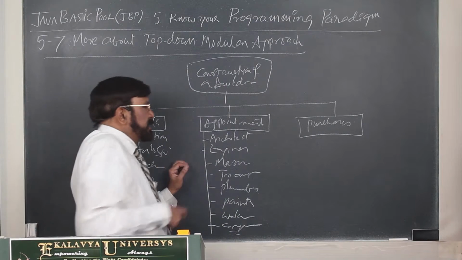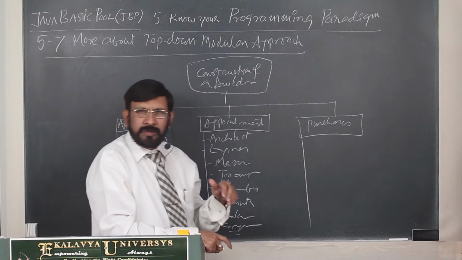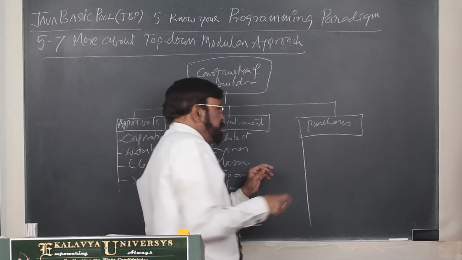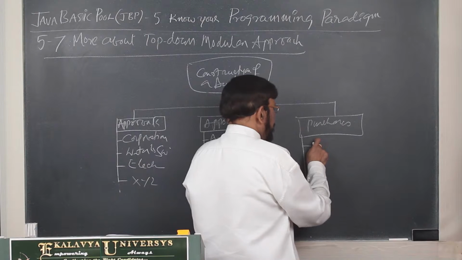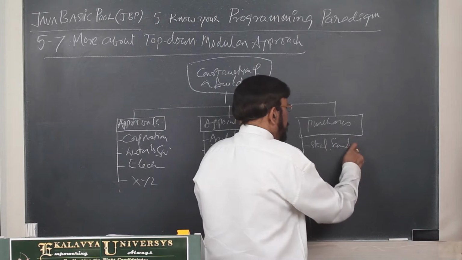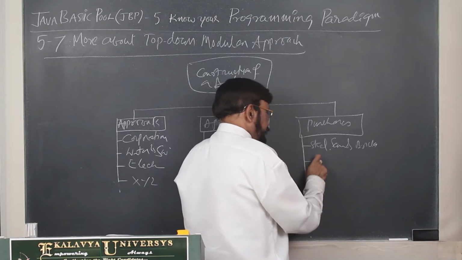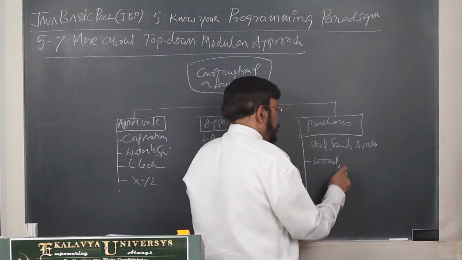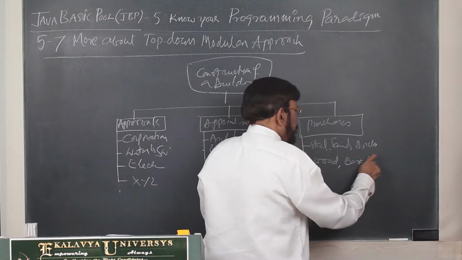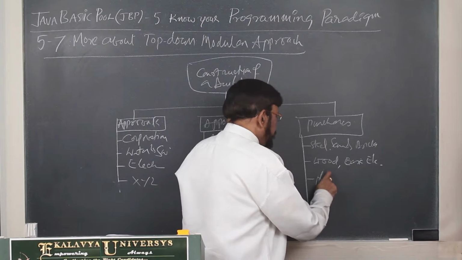So then come to purchases. You never purchase all the material required for a building at once. The initial basic purchases are steel, sand, bricks, etc. Thereafter wood, electrical material, etc. Thereafter plumbing material.